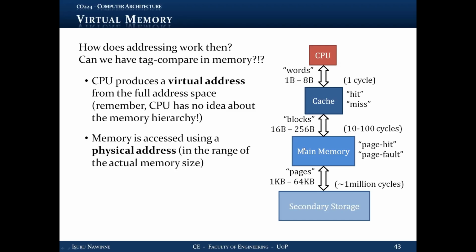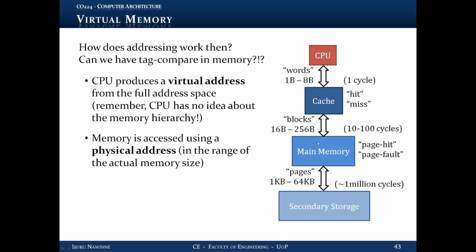So when we go to main memory, that condition is still valid. Memory is much bigger than cache, and it's difficult to have a lot of comparators operating in parallel, which is going to add a lot of wire delays and slow down the process even more, right? And consume a lot more energy as well.